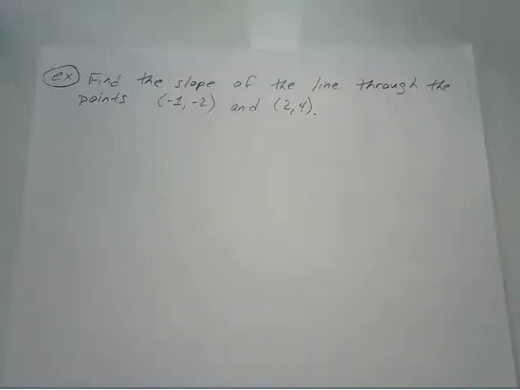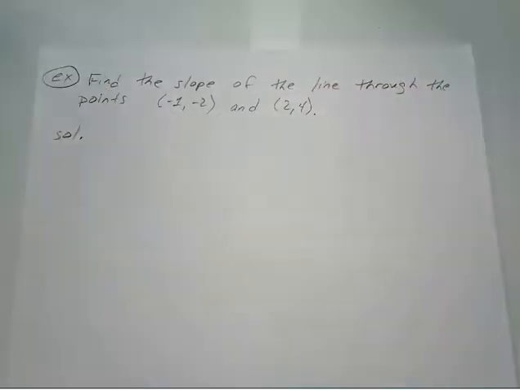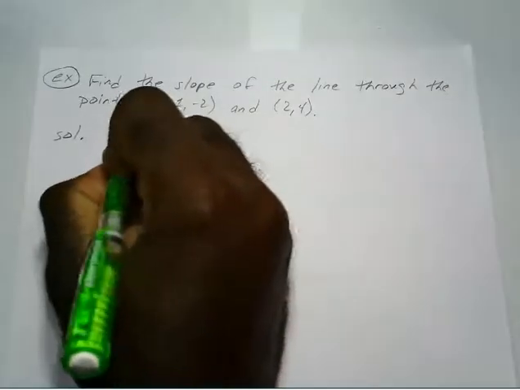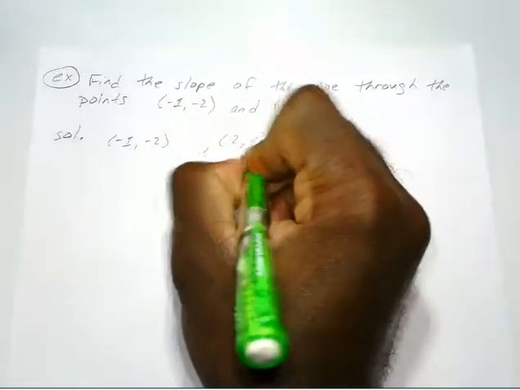Okay, so those are the two points on the line. So we're just going to rewrite -1, -2, and 2, 4.